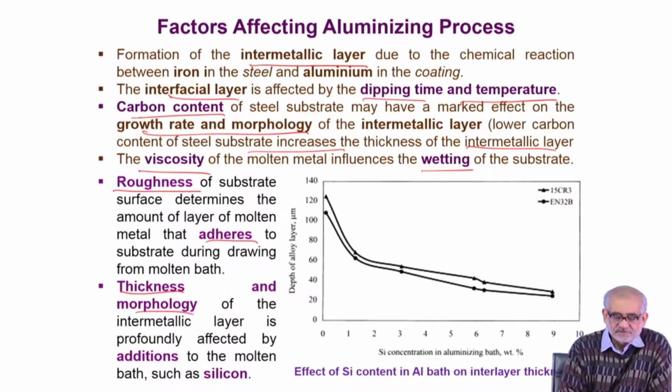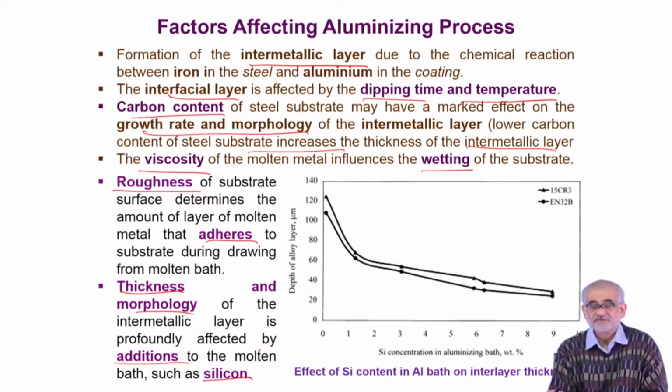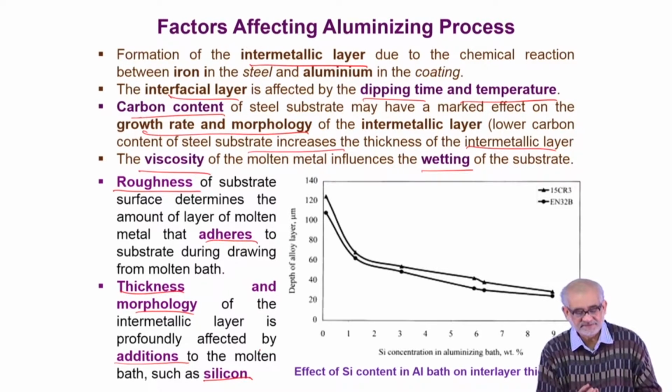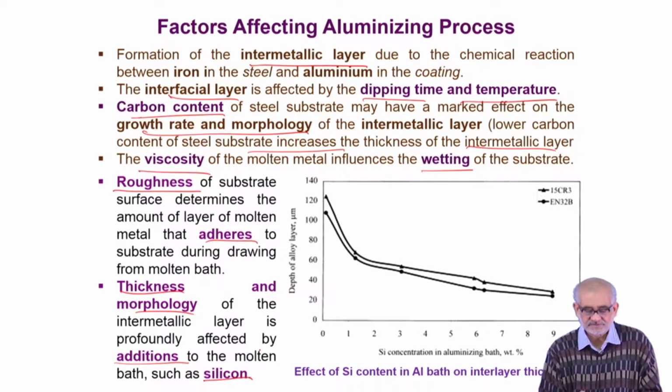So thickness and morphology, as I said, can be changed by certain additions like silicon into the melt. So instead of pure aluminum, if you have aluminum silicon, then of course the wettability changes, and actually wettability increases, and bath temperature can be a little lower, but more importantly you create a different kind of morphology onto the surface.